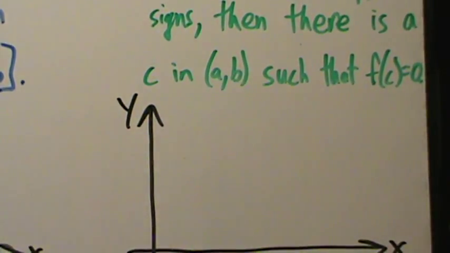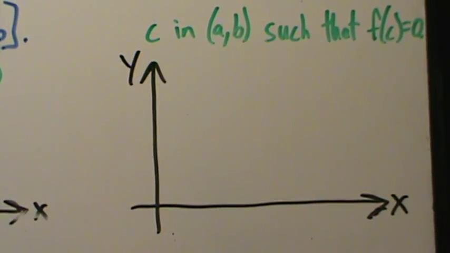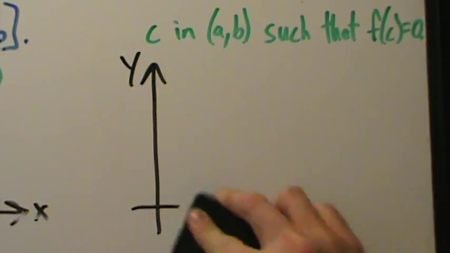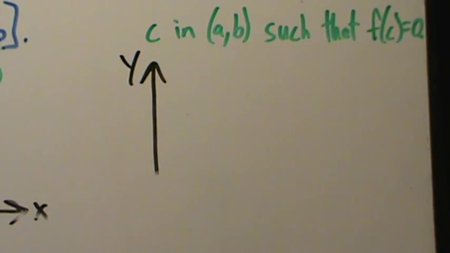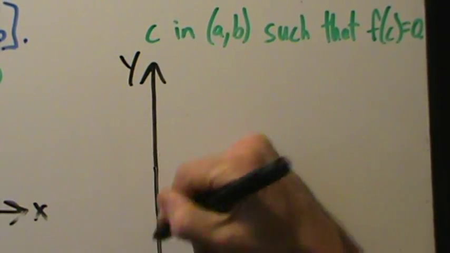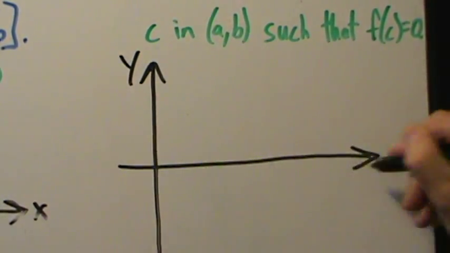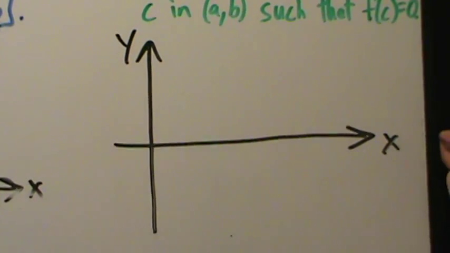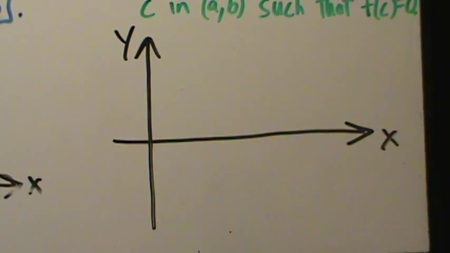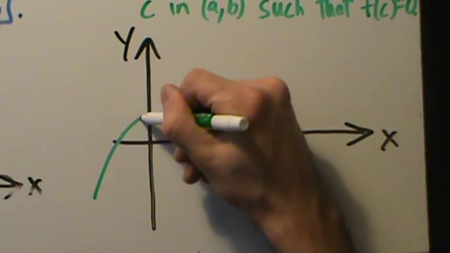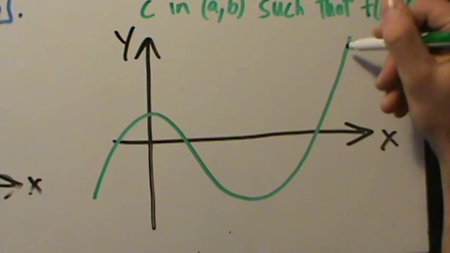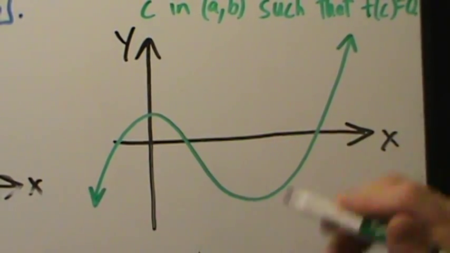X-axis, y-axis. So since we're talking about negative and positive y-coordinates, let's move our x-axis up a little bit. So here's our x-axis, here's our y-axis. All right, so let's say we have a function doing something like that.